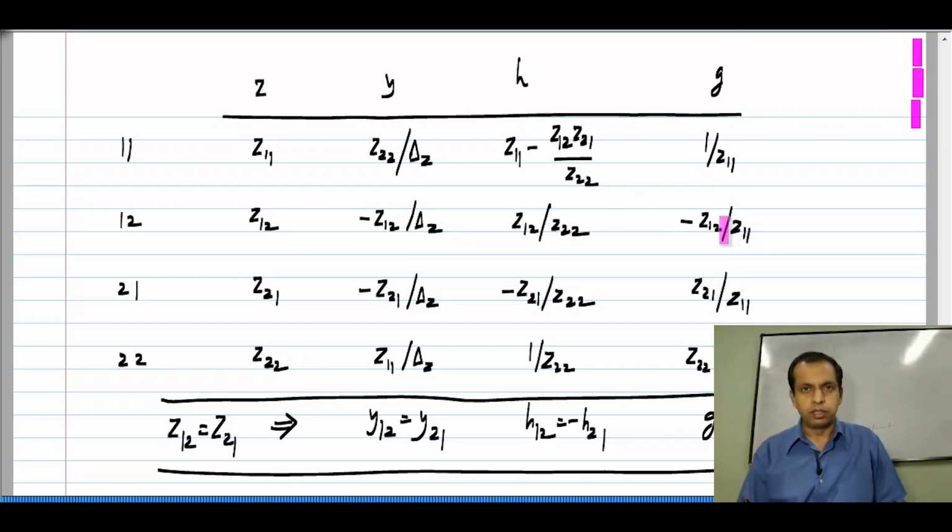And such a network where the reverse transmission parameter is 0 is known as a unilateral network. And similarly, if the forward parameter is 0 in z parameters, that is if z21 is 0, the forward parameter y21, h21 or g21 will also be 0. So, these properties, being unilateral or being reciprocal, are just a property of the network, and that will hold good regardless of which parameter set you choose to describe the network in.